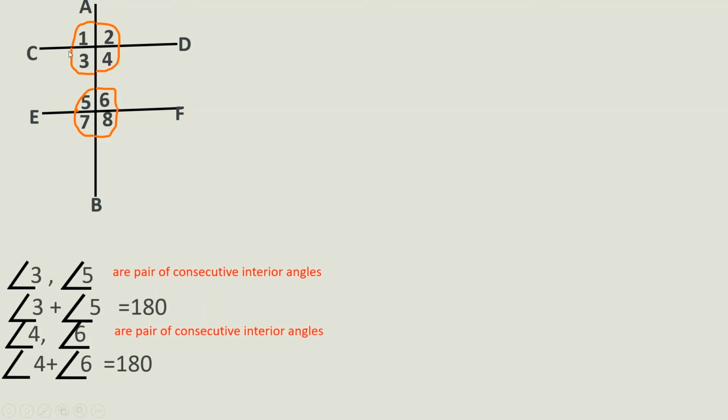Here, angle 3 and 5 are a pair of consecutive interior angles because they are inside the parallel line and they are on the same side of the transversal line. And angle 3 and 5, when you add them, equal 180 degrees. Angle 4 and angle 6 is a pair of consecutive interior angles, and when you add them together, they give you 180 degrees.